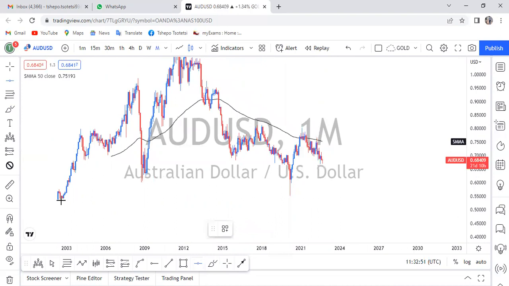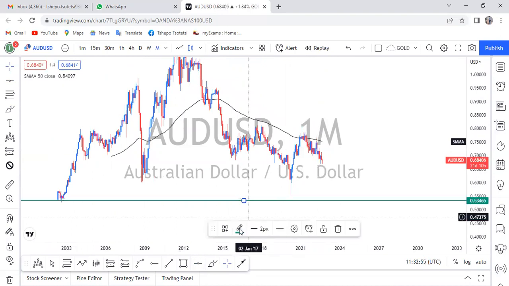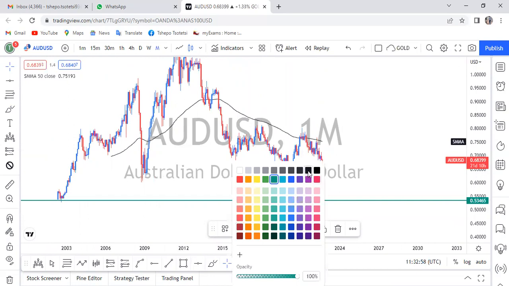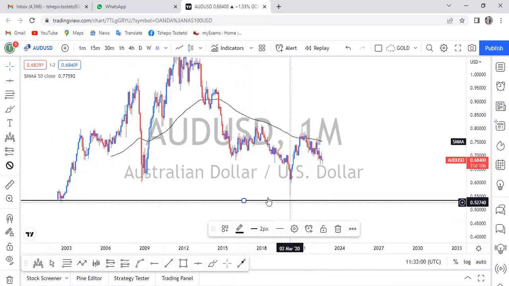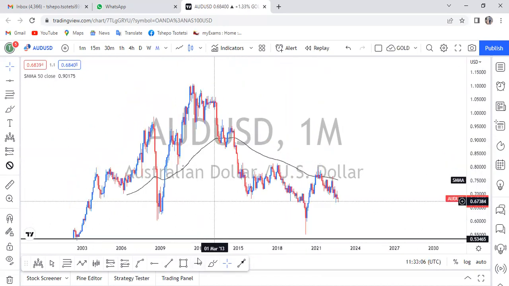Looking at this lowest low, let me turn this to black so I know where it's coming from, which time frame. This is our lowest low, and this is our highest high.